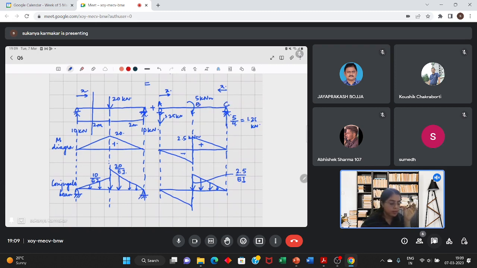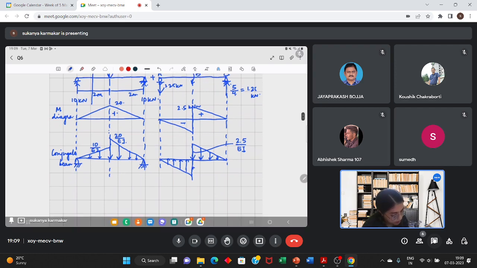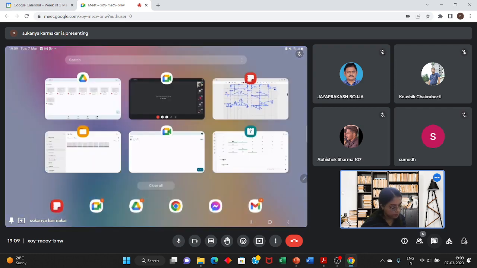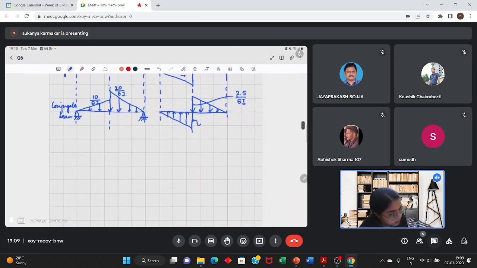In the portion BC, the moment of inertia was I, so M by EI you can do directly. And in this portion, the moment is negative, so the loading is in the vertically upward direction. And here, the moment will be 2.5 divided by 2EI. So this is nothing but 1.25 divided by EI.